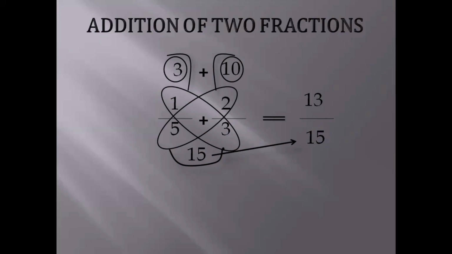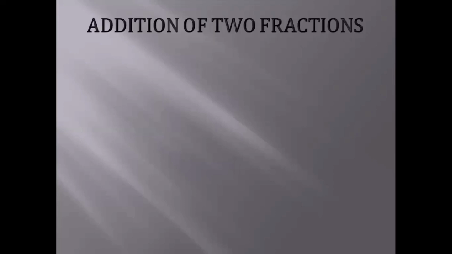Then we'll move to question number 3, also from addition of 2 fractions. We have a question 3 over 7 plus 1 over 2.